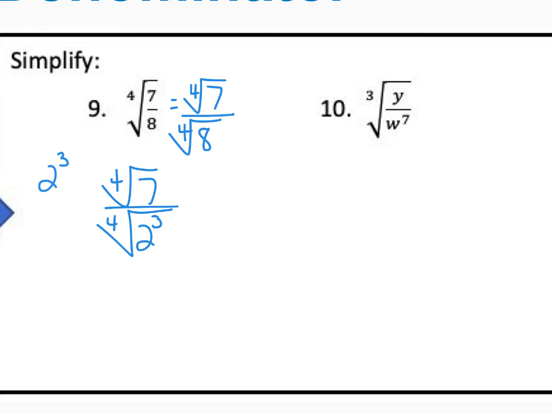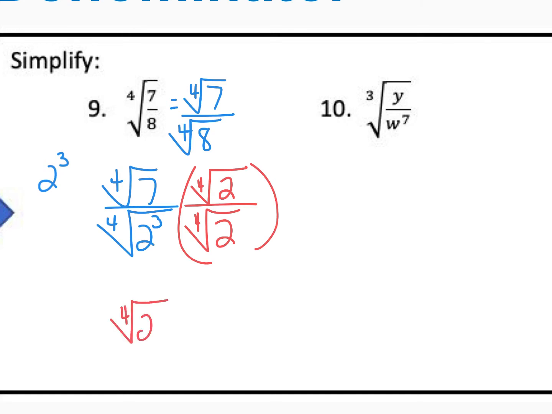Now, if it were 2 to the fourth on the bottom, I would be able to take the fourth root of it. So this time to rationalize, I'm going to multiply top and bottom by the fourth root of just 2. Why? So that in the denominator, I get the fourth root of 2 to the fourth. Right? Keep your base and add those exponents.